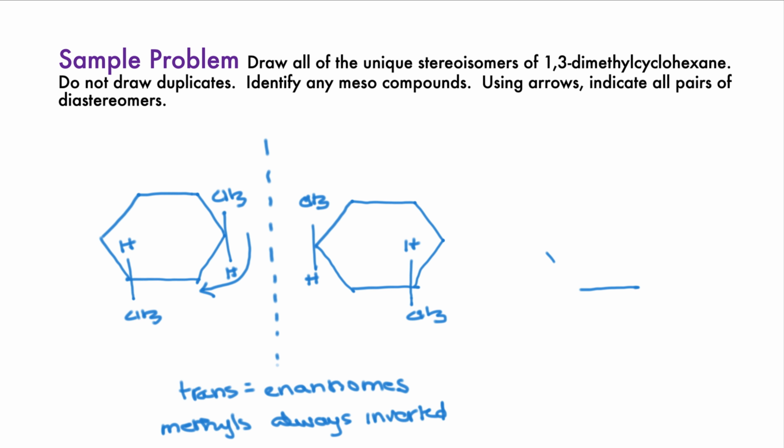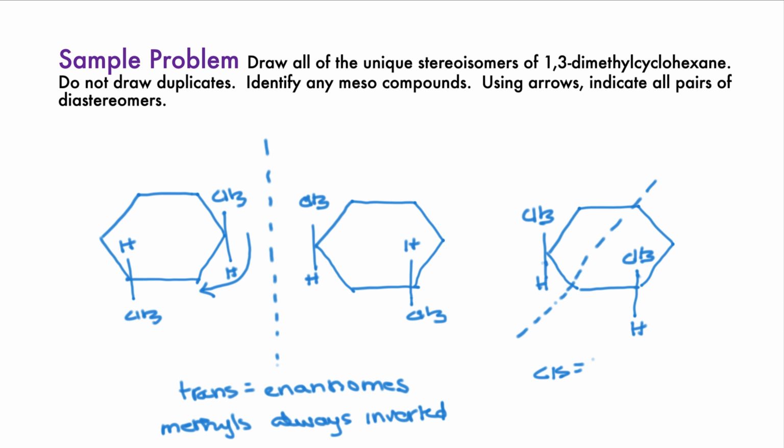Then next I'm going to draw the cis stereoisomer. I'm just going to take the right-hand trans stereoisomer and flip over the right-hand methyl, and that gives us the cis. And what you should see immediately is that there's an internal mirror plane through the molecule.